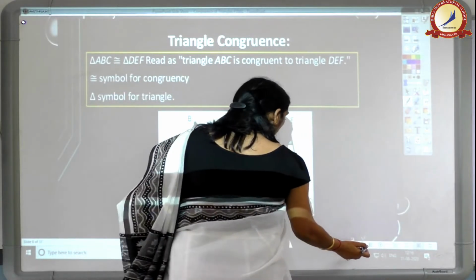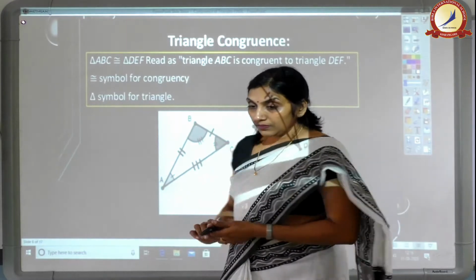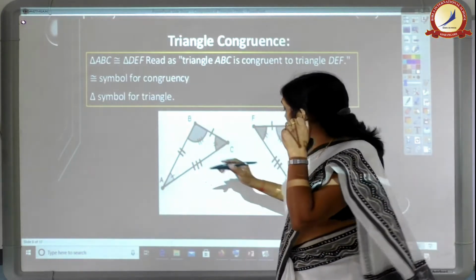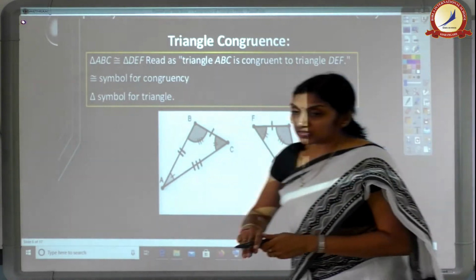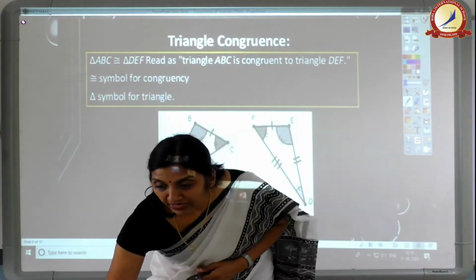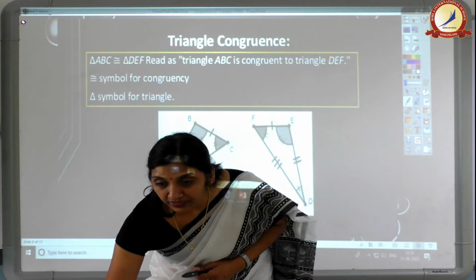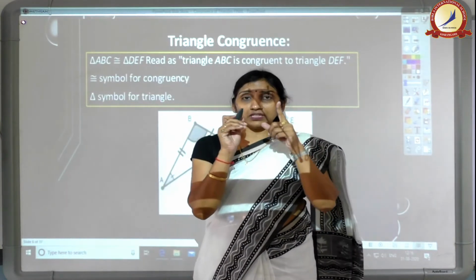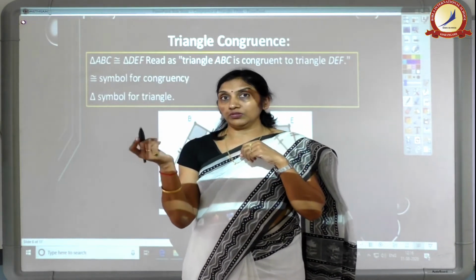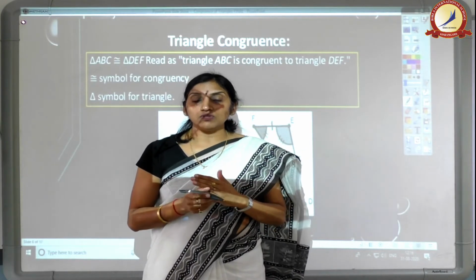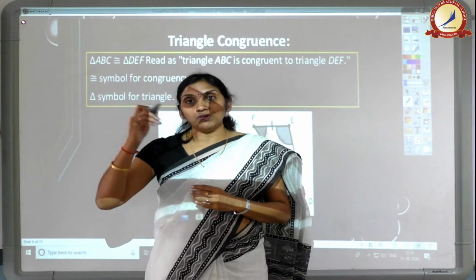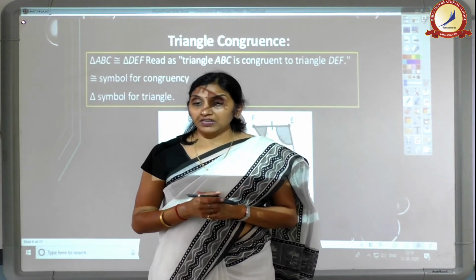So two triangles are said to be congruent if the corresponding sides of one triangle are equal to the corresponding sides of the other triangle. The length of the side is equal to the length of the other side.